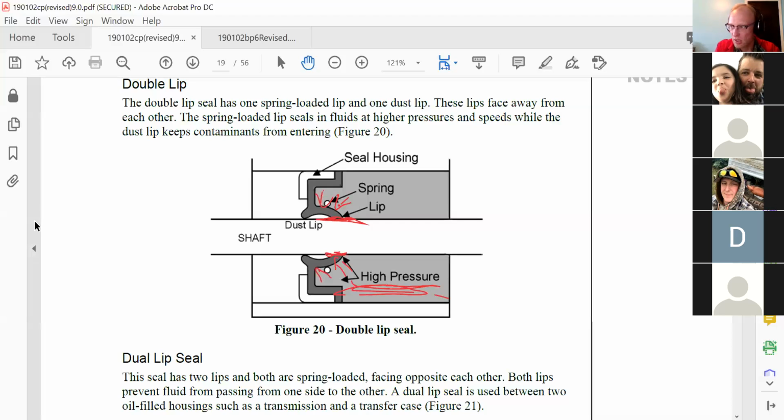Leakage is always going to happen. A small amount of leakage is always going to seep past the seal and come out. Almost always. And that's because all of these seals use the medium that they are preventing from leaking to seal. So there's always a small film of oil in between these lips and the shaft. Okay. Eventually that oil does go away.